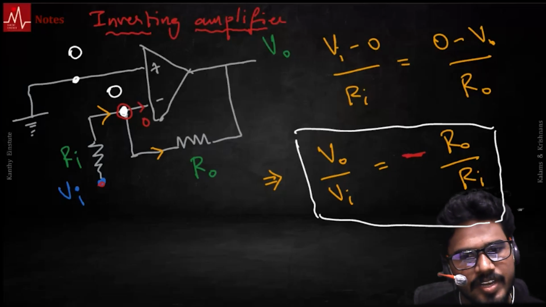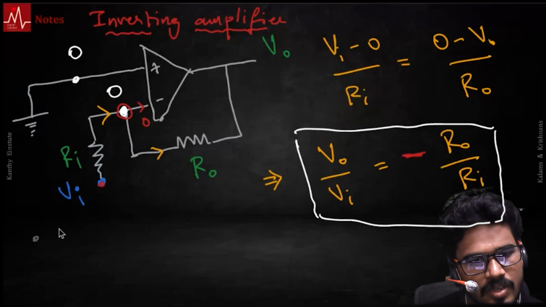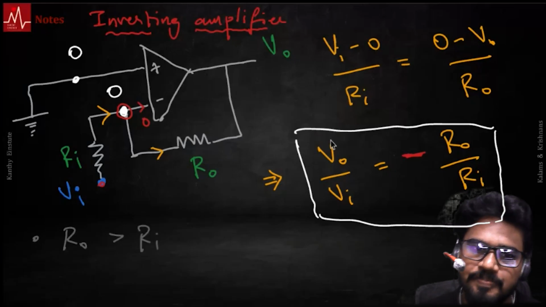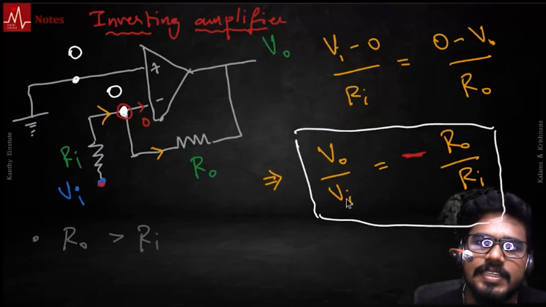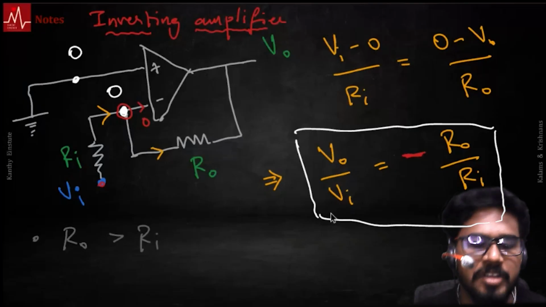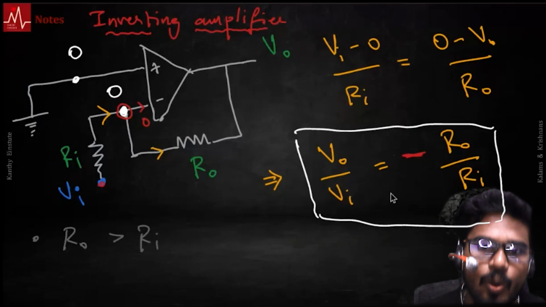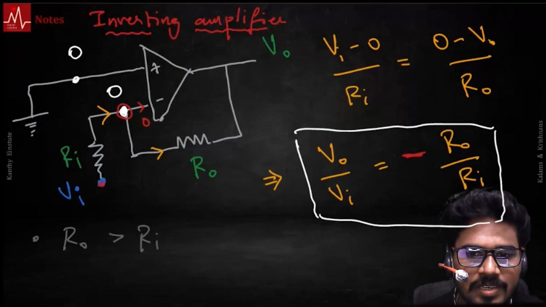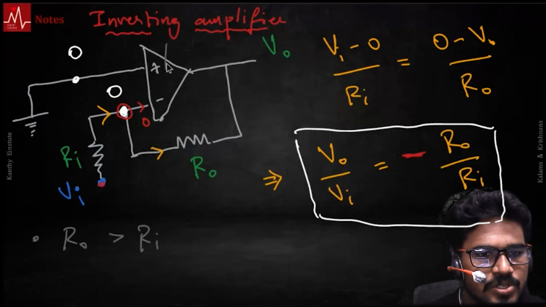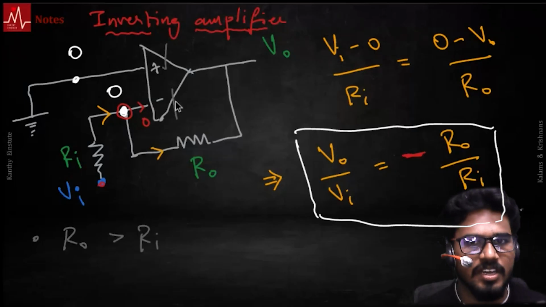So notice technically your R naught can be greater than Ri. That means your output voltage can be greater than Vi. So it can amplify voltage, right? The gain can be greater than 1. Is it possible? Isn't energy consumption any issue with that? Because it's drawing in power.